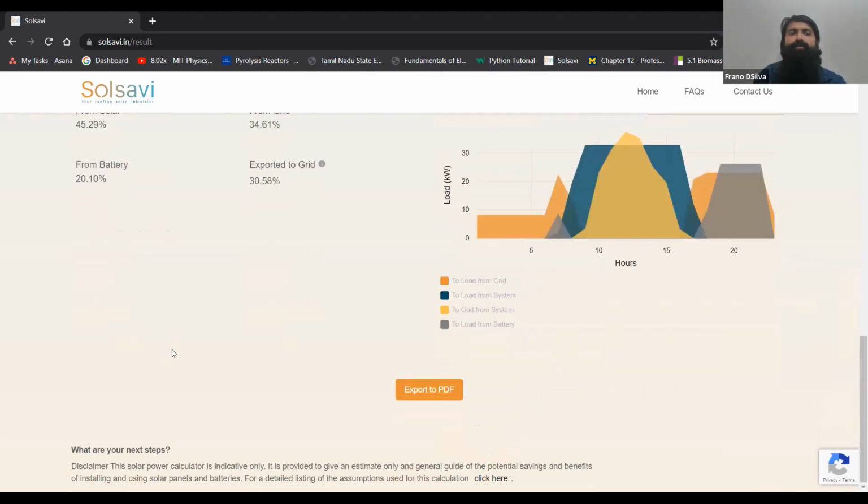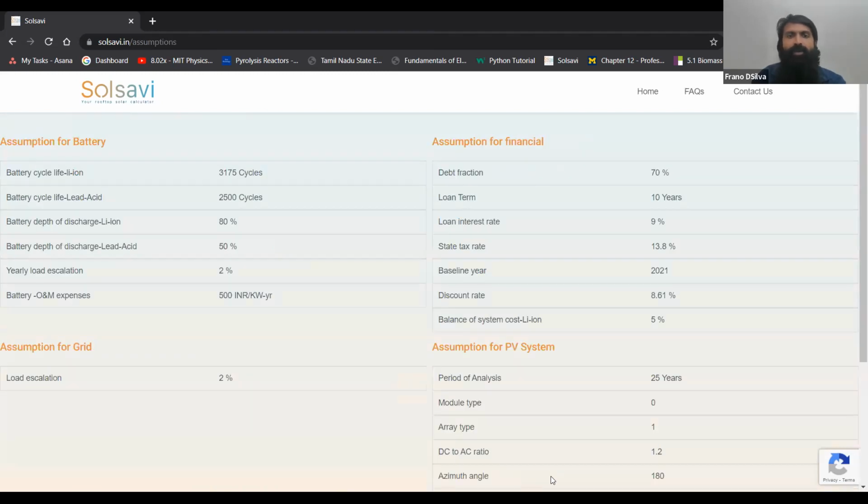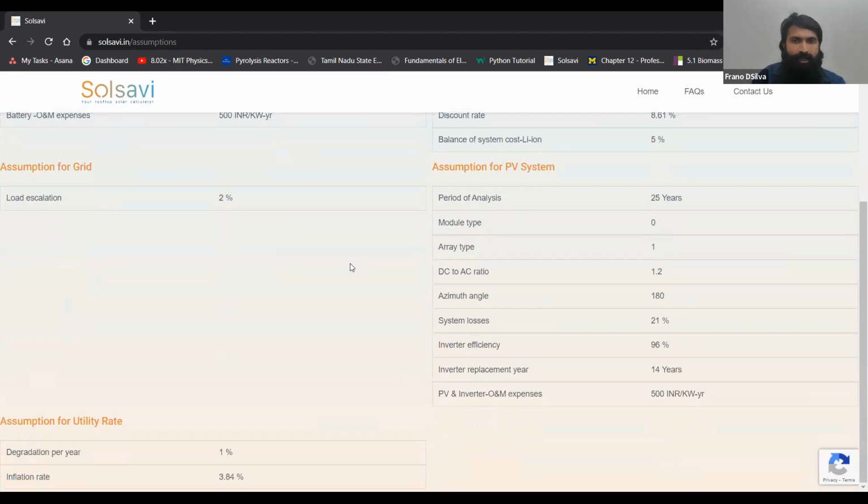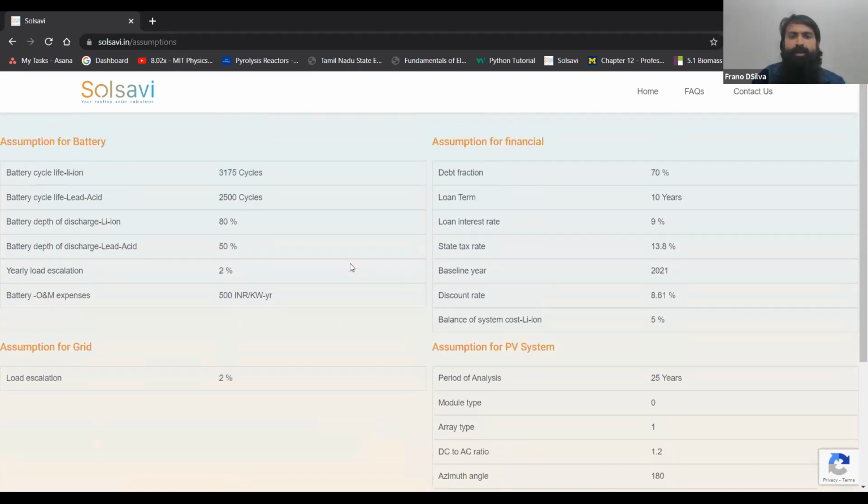To have the user realize the assumptions that have been taken into consideration for our simulation, the user or the participant can find the assumptions at the bottom of this detailed report page and click the option click here, which will take you to the next page showing the assumptions that have been considered for the 25-year analysis done in Solsavi Web 2.